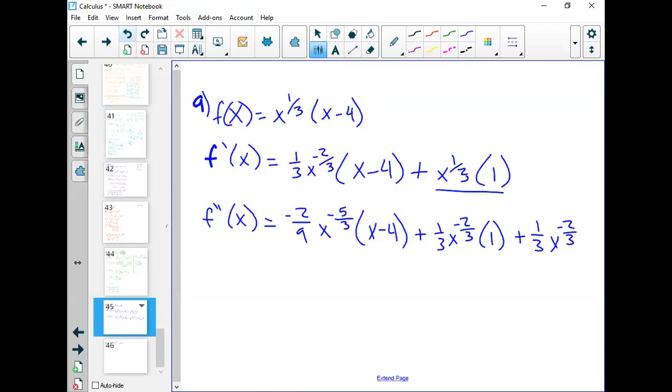And looking at this, I guess you could pull a 1/3 out or something, but there's not much that's going to simplify here. So we kind of just have to leave it. Set it equal to 0. Don't feel like writing it out. And now I'm looking at that and thinking, I'm not going to solve that.